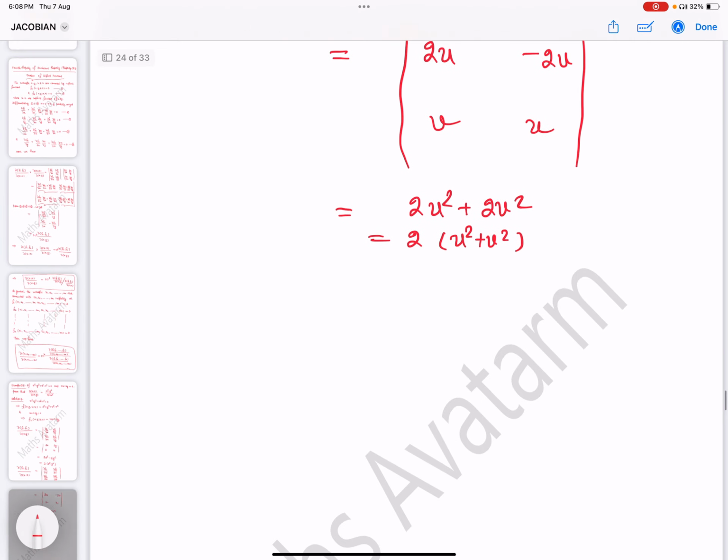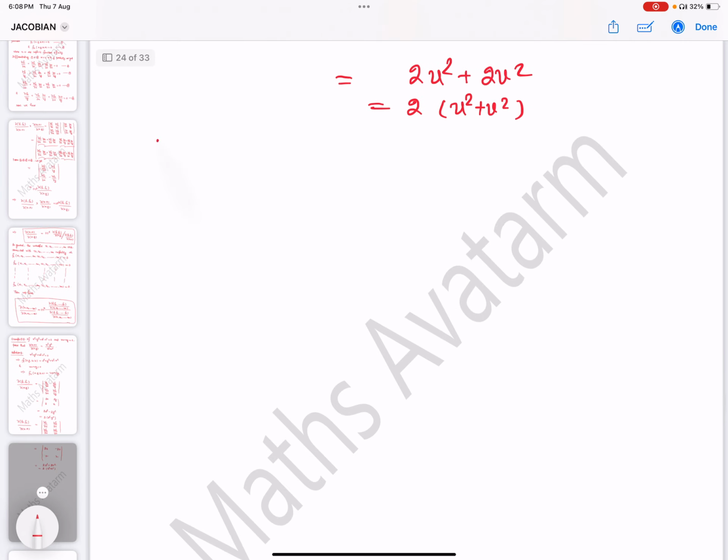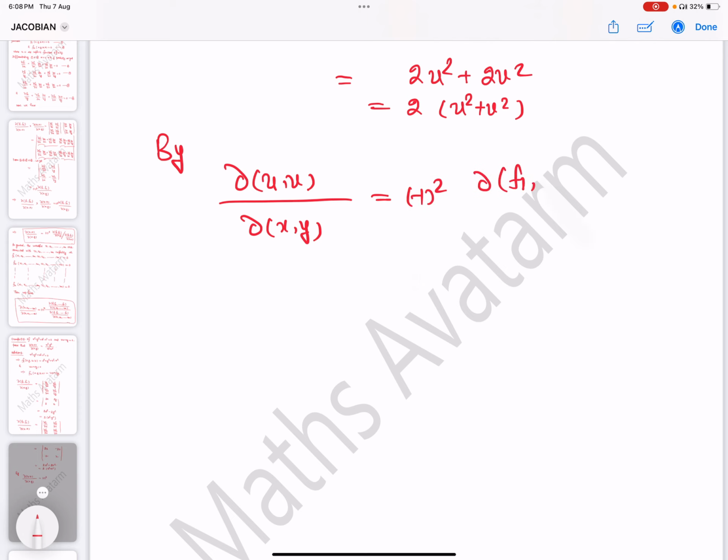Now del (u, v) by del (x, y) is equal to minus 1 whole square, del (f1, f2) with respect to xy divided upon del (f1, f2) with respect to uv.